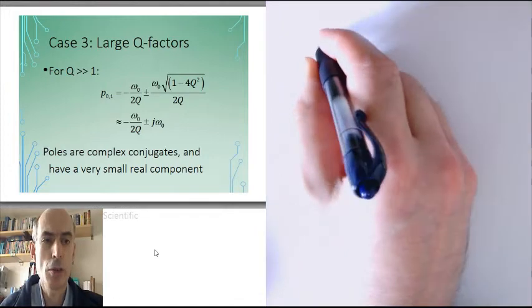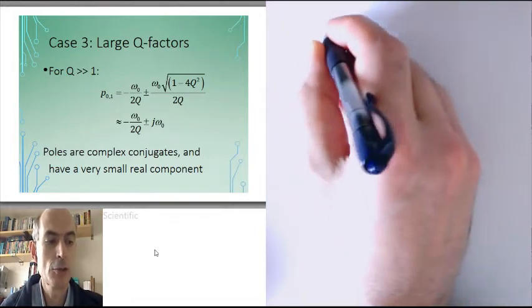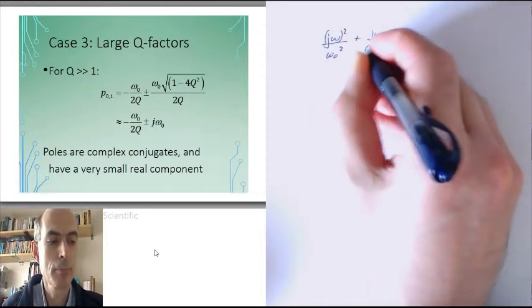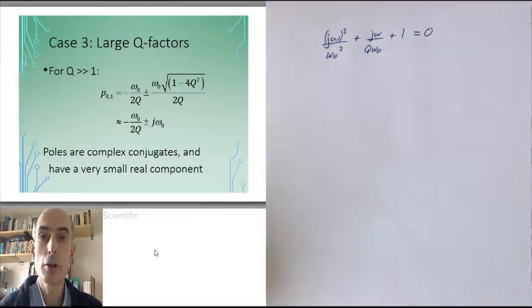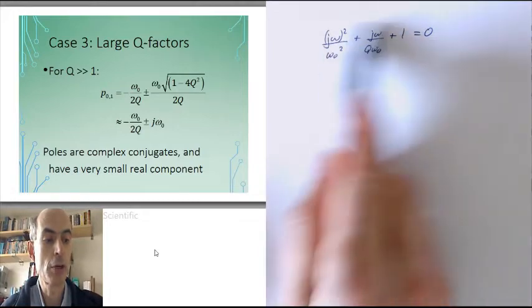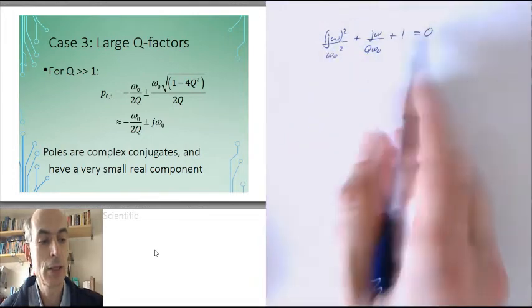We can start with the standard form of the denominator in terms of the resonant frequency and the Q factor. And note that the poles are the values of j omega for which this expression is equal to 0. So they are the solutions of this equation. It's a quadratic.